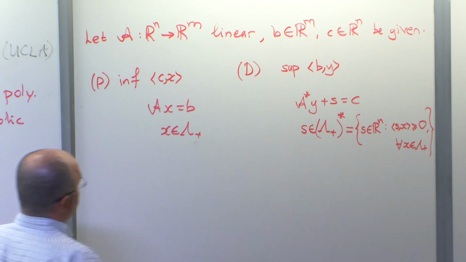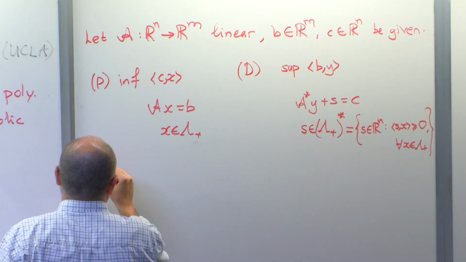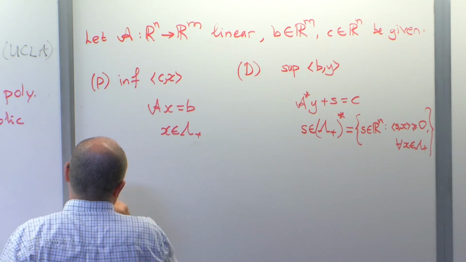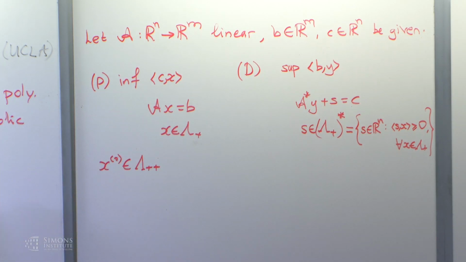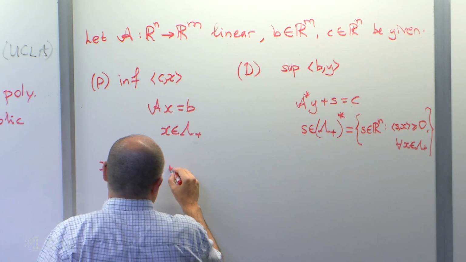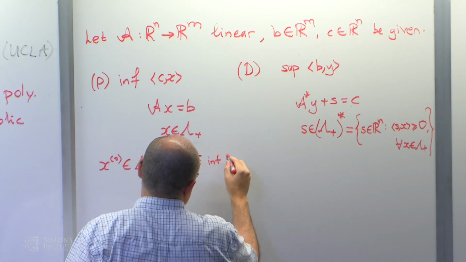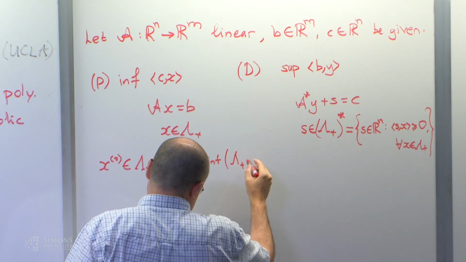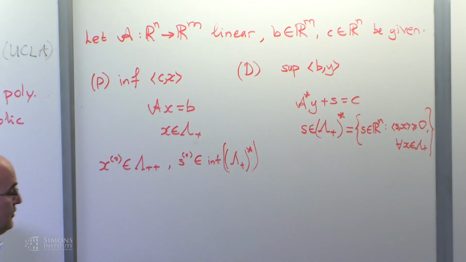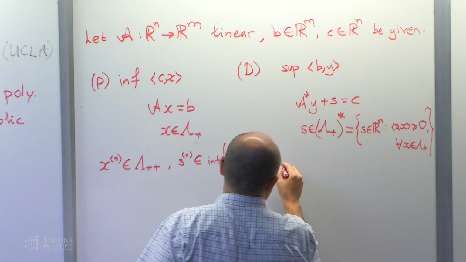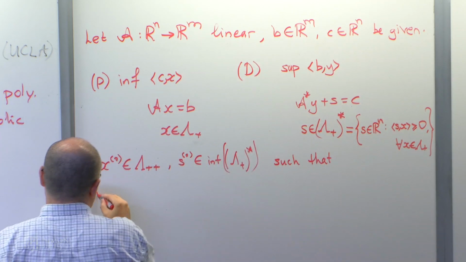Okay, so typically in interior point methods, at least the theoretical ones, we also assume that some x0 that is in the interior of the hyperbolicity cone and some s0 that is in the interior of the dual cone are given to us as starting points such that they're feasible.